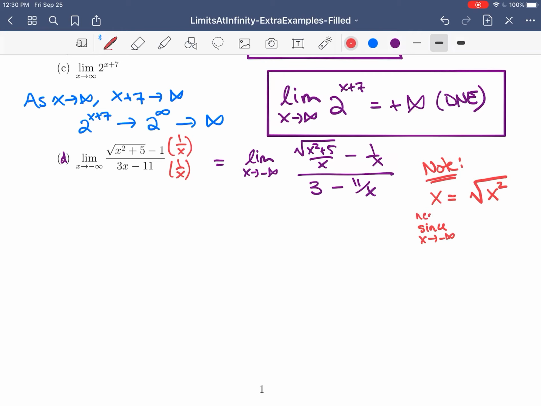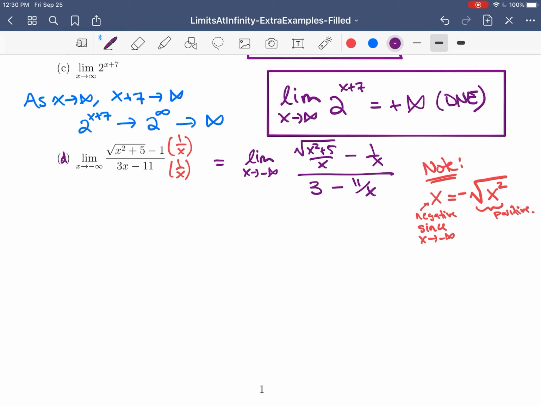Since x is going to negative infinity, it's going to be a negative number. Over here, the square root of x squared is a positive number. So it's not actually equal to x. So what we can do is put a negative out front. The square root of x squared is going to give us the absolute value of x, but I want to actually get x back, so I need negative that.